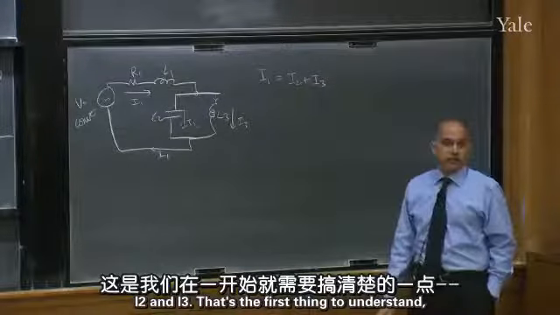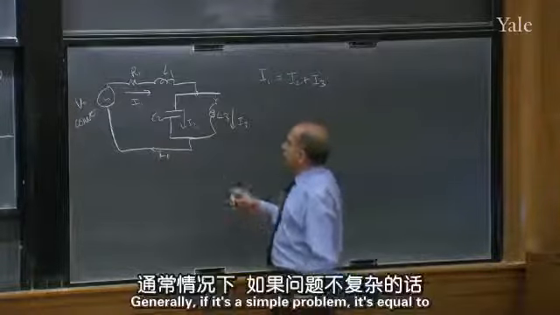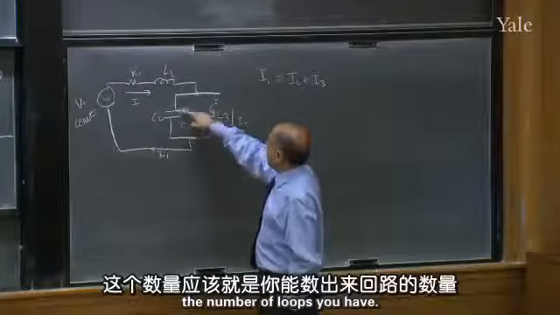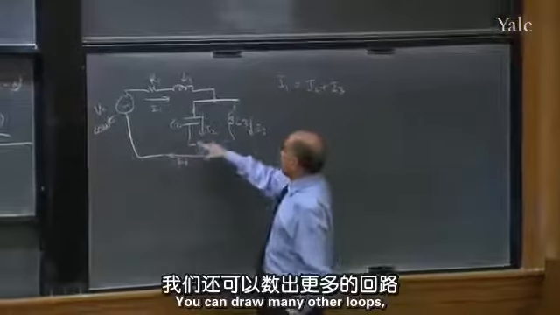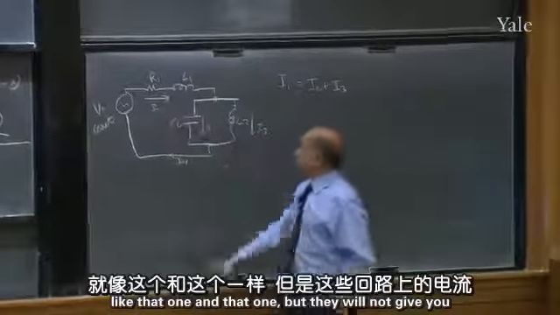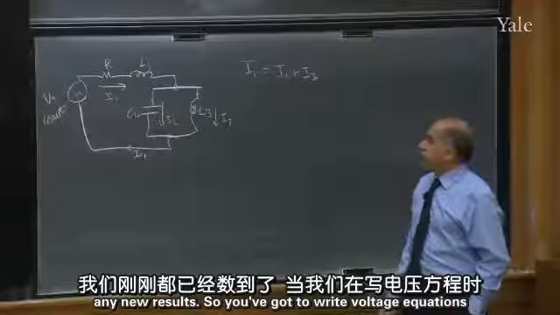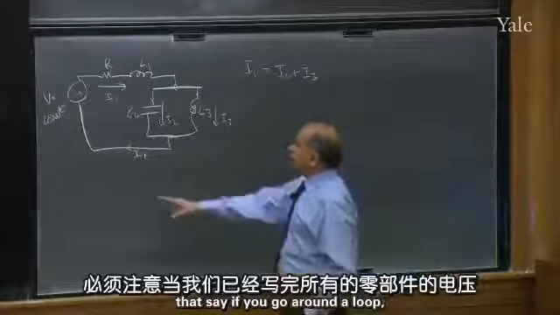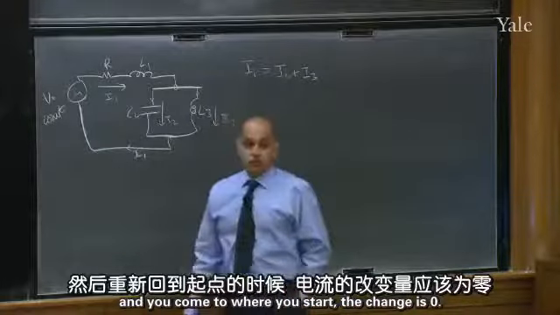That's the first thing to understand. How many free independent currents are there? Generally, if it's a simple problem, it's equal to the number of loops you have. That's a loop here, that's a loop there. You can draw many other loops like that one and that one, but they will not give you any new results. So you've got to write voltage equations that say if you go around a loop and you come to where you start, the change is 0.